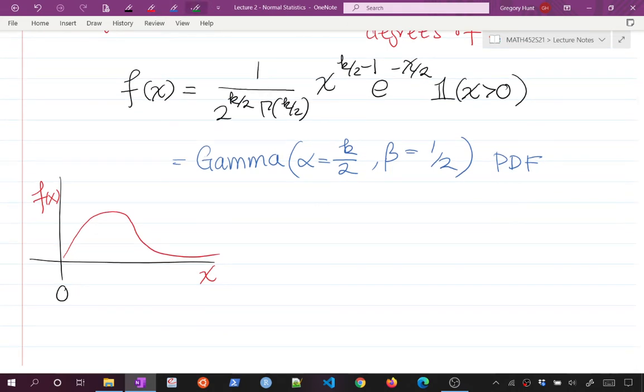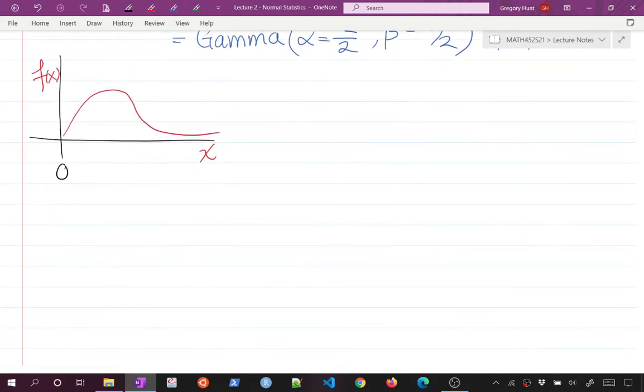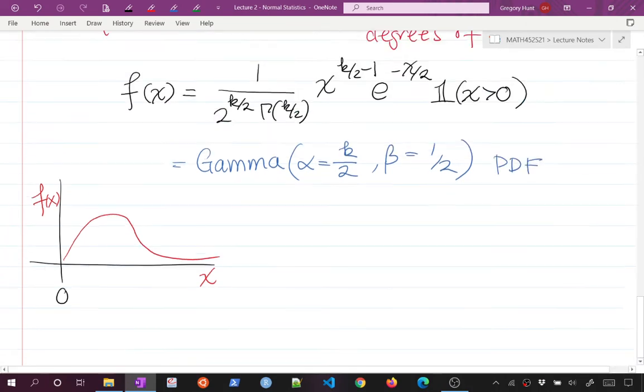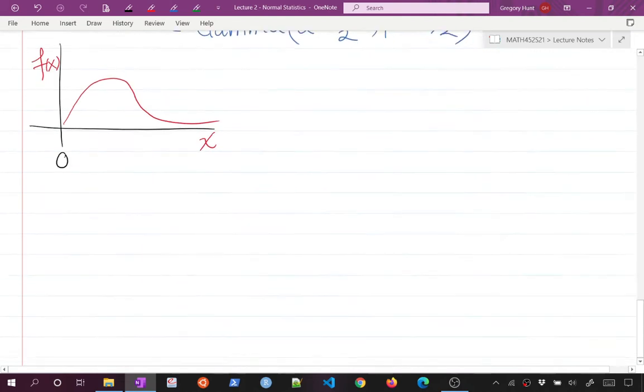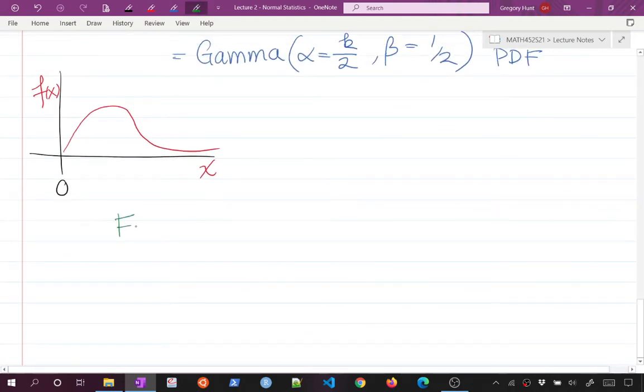Some other important facts, and these are facts I'm not going to prove, but facts you should know and commit to memory. That's true of this previous theorem too. I'm never going to ask you for a proof of it, but you should know these facts. So, some facts about the chi-squared distribution. Where does this come from?